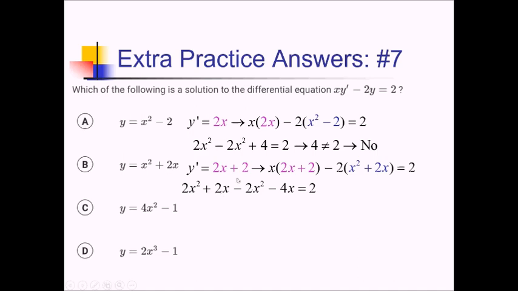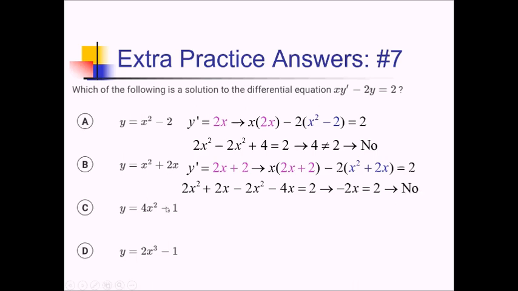And we have a 2x minus a 4x giving us a negative 2x. Does negative 2x equal 2? Well, it could for certain x values, but not for all x values. So since this is not true for all x values, it's not true enough to count here, so this is going to be a no.